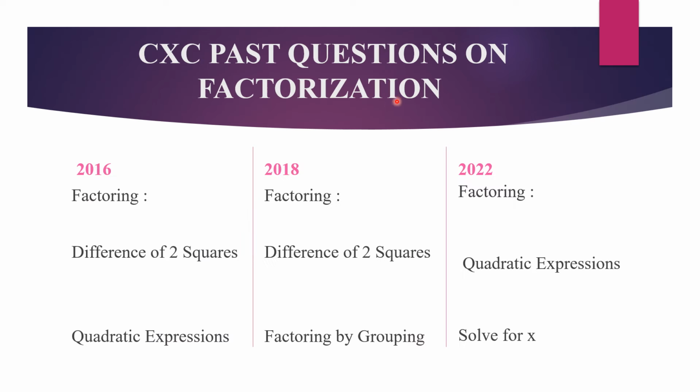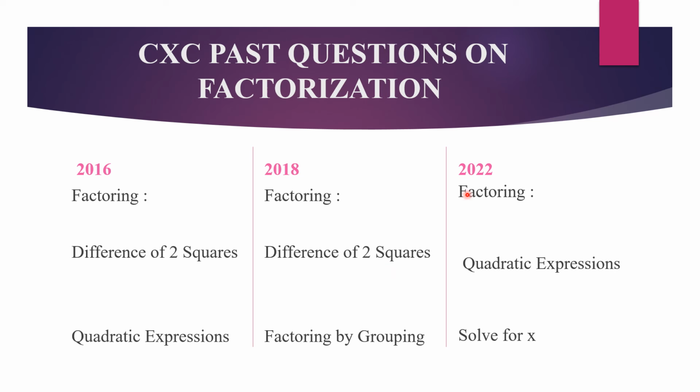Let us do a quick analysis of three years of past paper questions on factorization. In 2016, the first part of the question was about the difference of two squares. In 2018, the first part was also a difference of two squares.